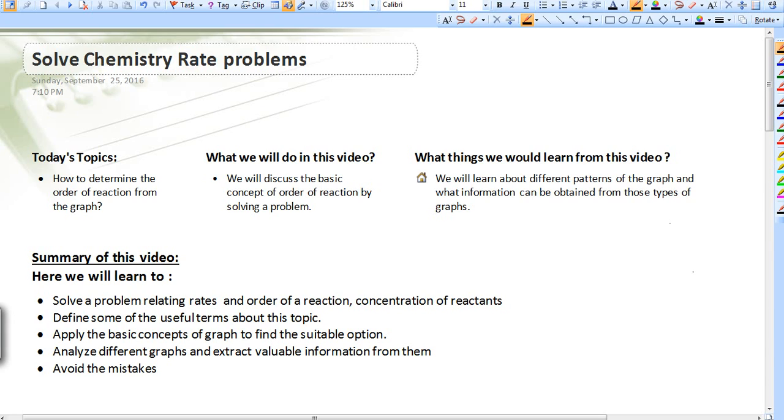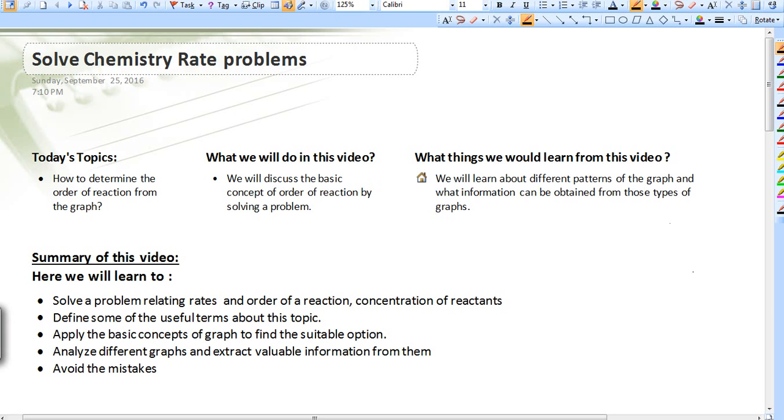Define some of the useful terms about this topic. Apply the basic concepts of graphs to find the suitable option. Analyze different graphs and extract valuable information from them. And finally, we will learn about avoiding mistakes.